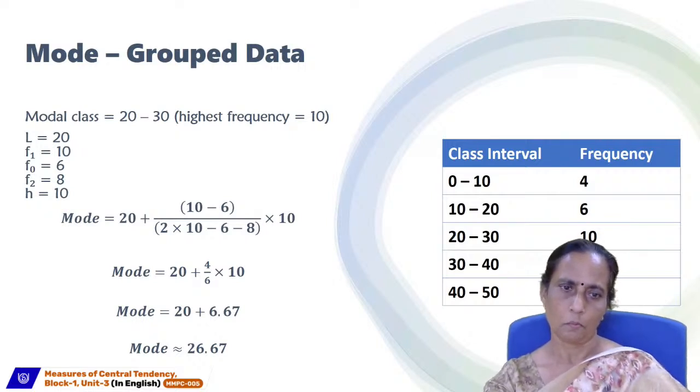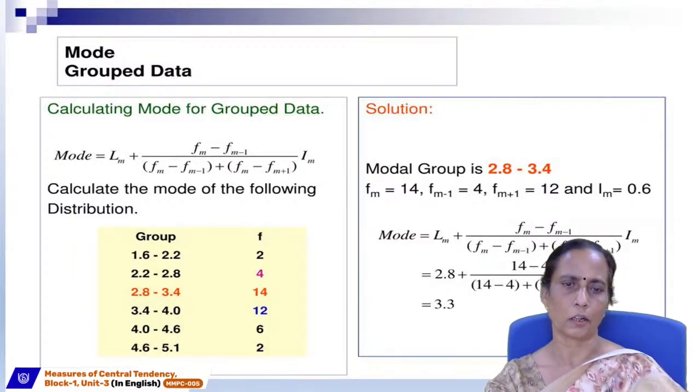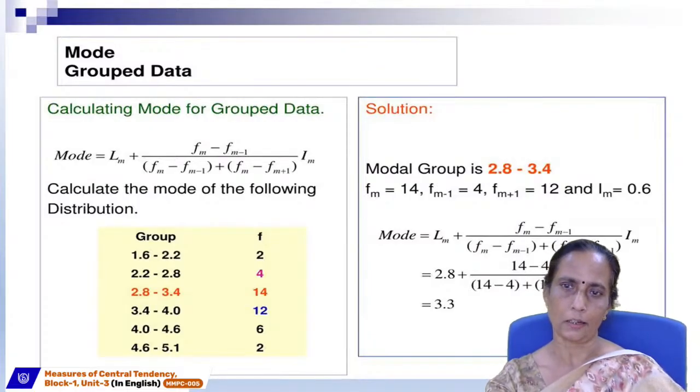So mode is equal to 20 plus 4 by 6 into 10, and that is equal to 26.67. A small graphical or tabular representation is like this. This is one more series, and everything is marked in colors for your better understanding. Let us have a look at it.